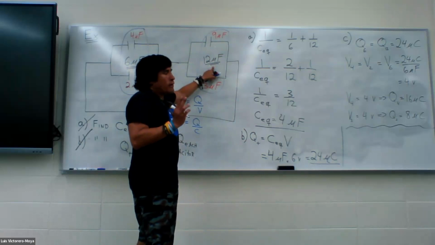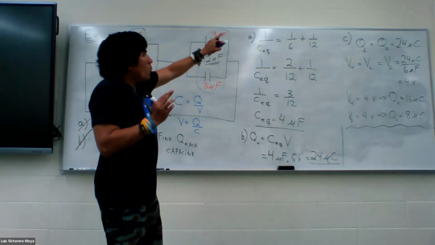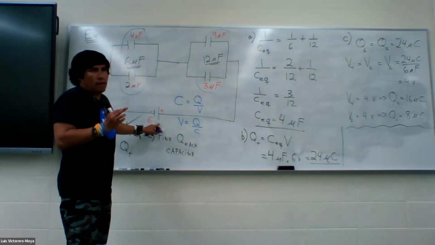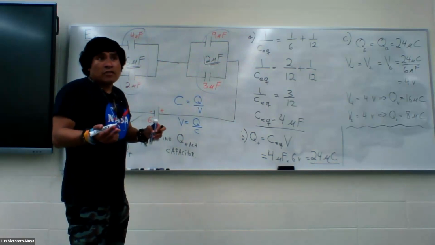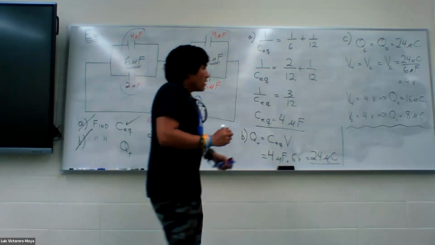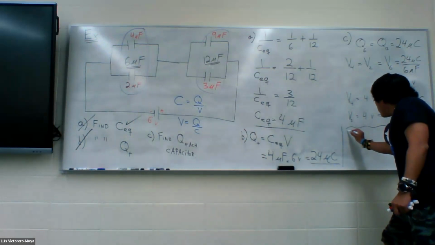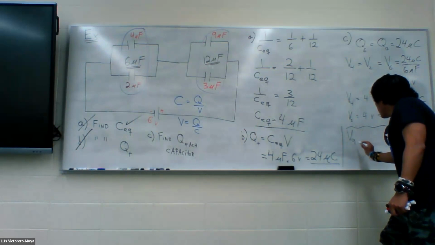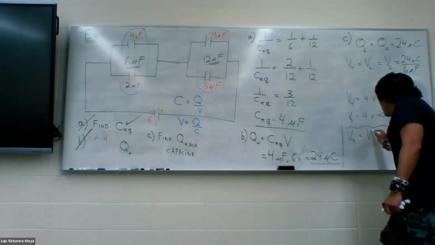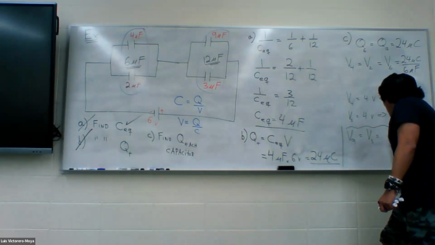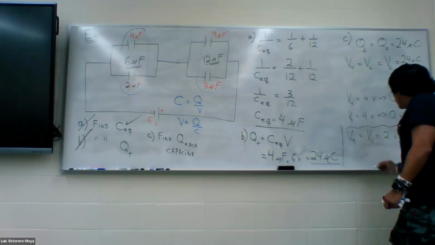How do I know that's correct? Because 2 plus 4 is 6. Conservation of energy. So we can just say here that the voltage on 9 is equal to the voltage on 3 is equal to 2 volts.